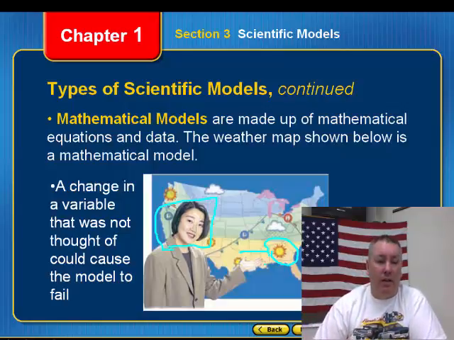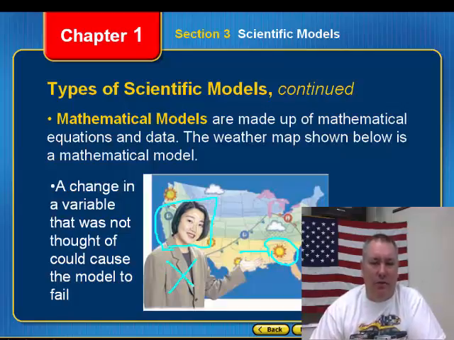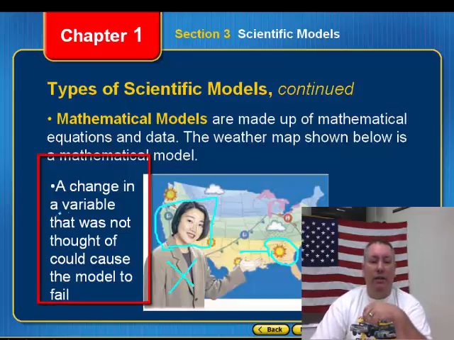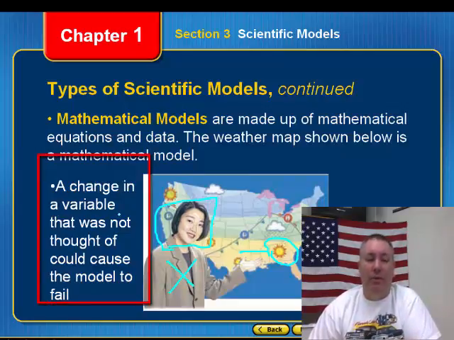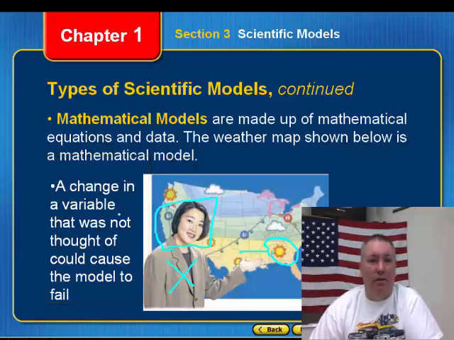As we all know, these people are usually wrong. They don't usually give us the right answer as far as weather is concerned. And why is that? Well, if you look right over here, this is the reason. A change in a variable that was not thought of could cause the model to fail.